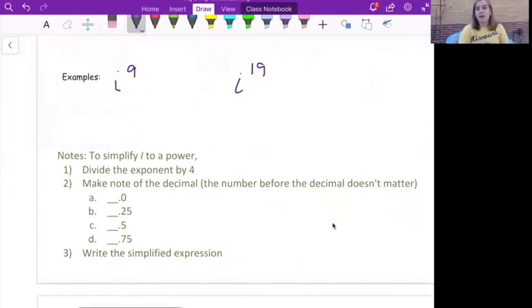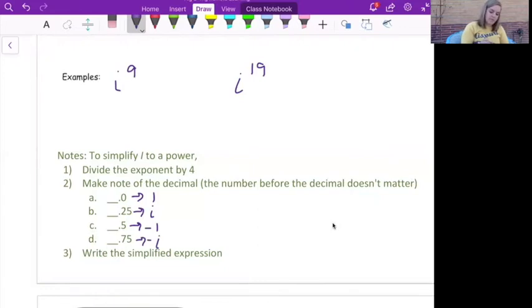Whenever we divide and there's no decimal when we divide by 4, this is just going to be 1. Then if we divide by 4 and our decimal is 0.25, this is going to be a positive I. If we get 0.5, this is going to be negative 1. If we get 0.75, this is going to be negative I.